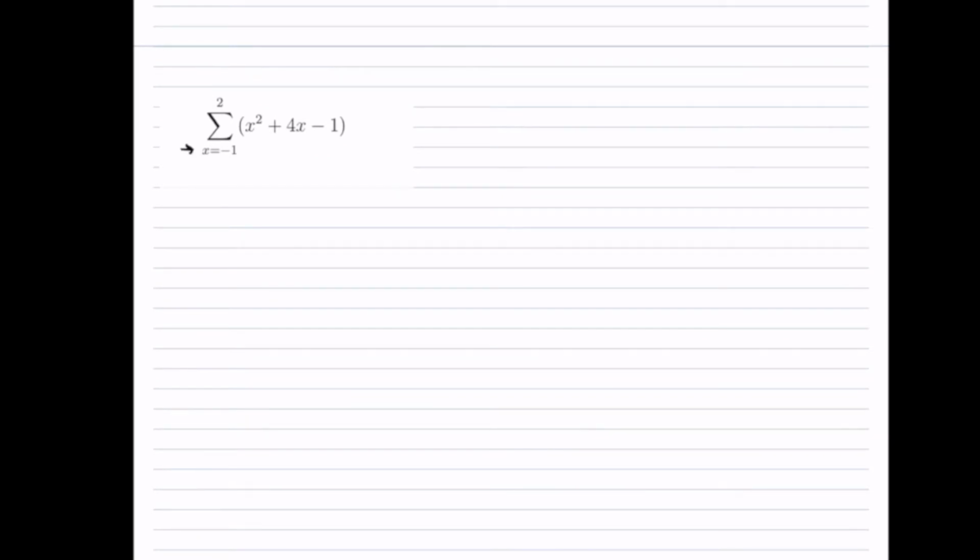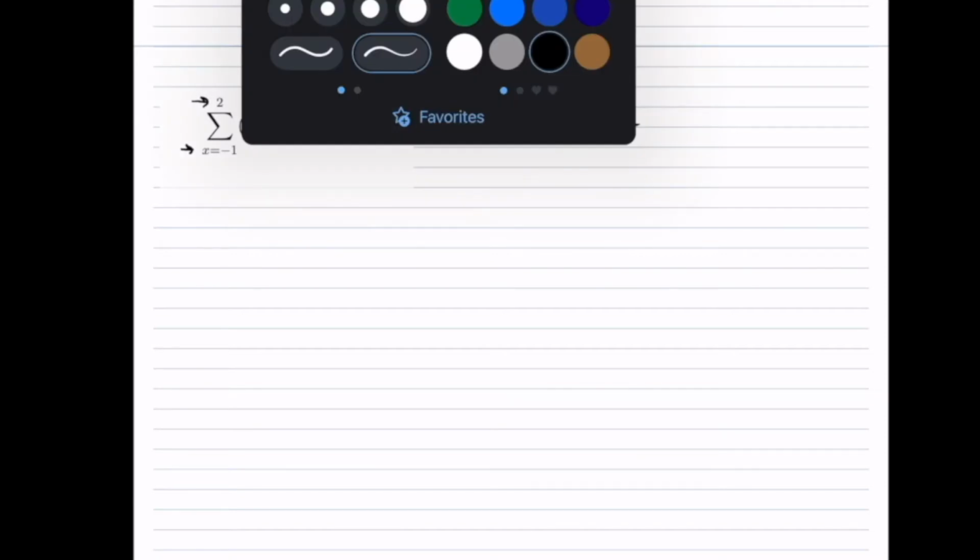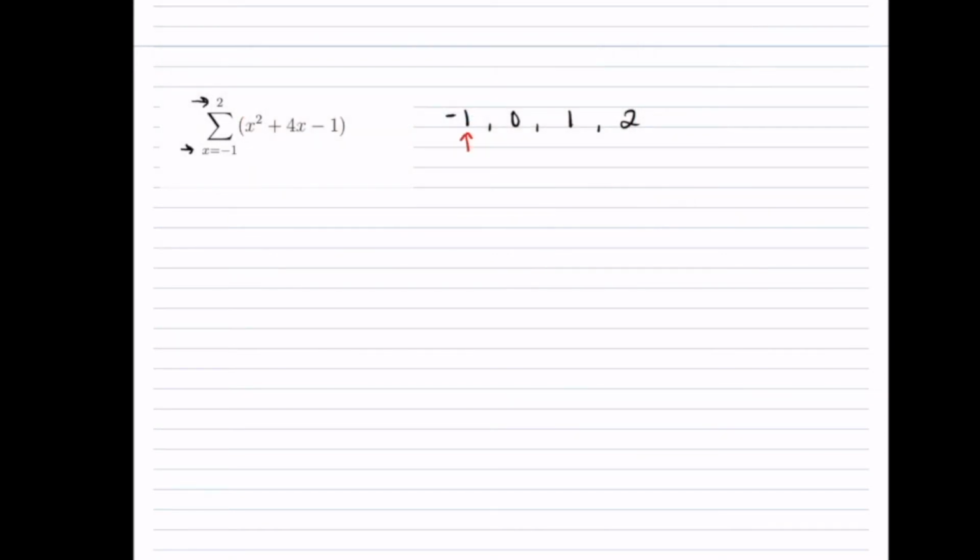We got our start, our finish, so we're going to be plugging in negative 1, 0, 1, and 2. For x equals negative 1, we have negative 1, put those in parentheses, squared plus 4 times negative 1 minus 1. Make these a little bit bolder.